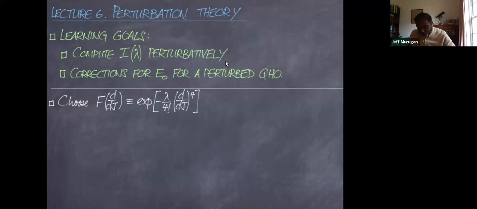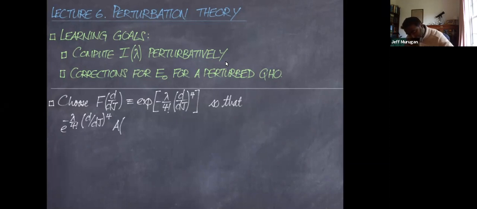Let's see what the consequences of this are. If I choose this, then the fundamental relation that I wrote down becomes e to the minus lambda over 4 factorial, d by dj to the 4. This factor of 4 factorial that I insist on dragging along for the ride will become apparent in a little bit.